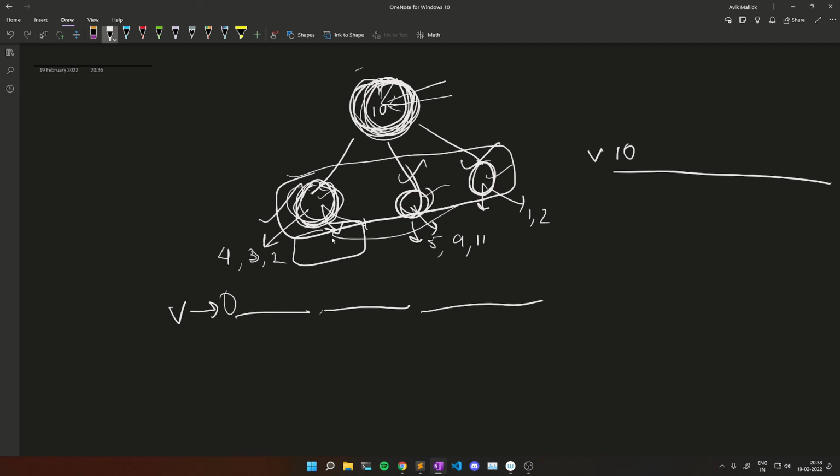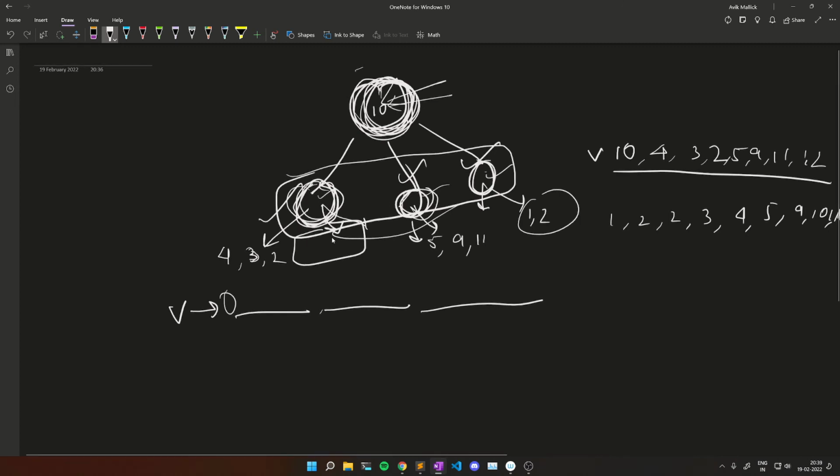This child stores answers 4, 3 and 2, so I put 4, 3, 2. Then I come to the next child and put the values 5, 9, 11. Then I come to the last child and put the values 1, 2.